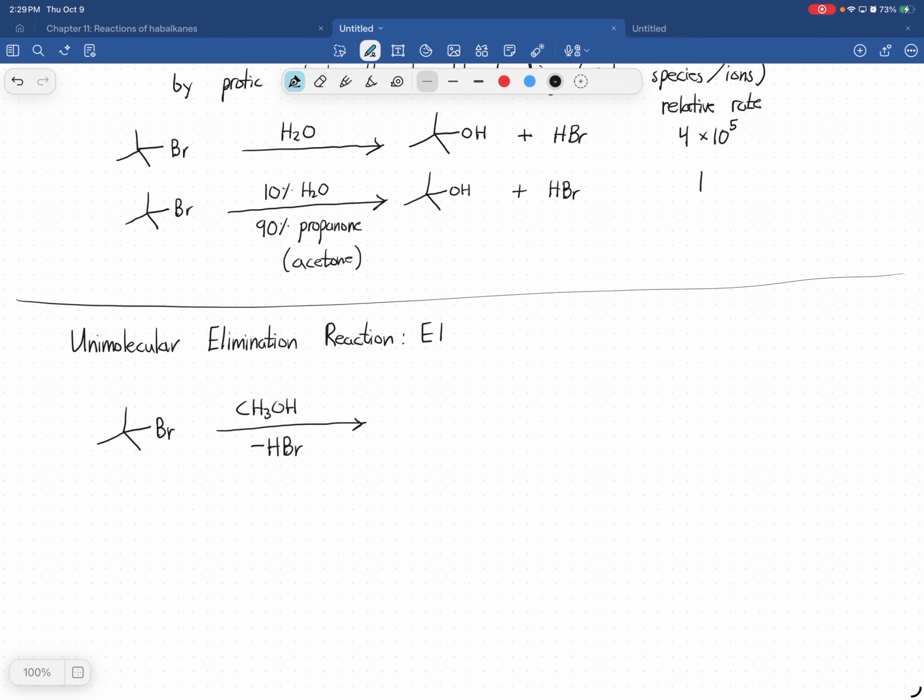You add methanol. You're going to lose HBr in the molecule, and what actually happens in the reaction is you get a mixture of the ether plus an alkene.